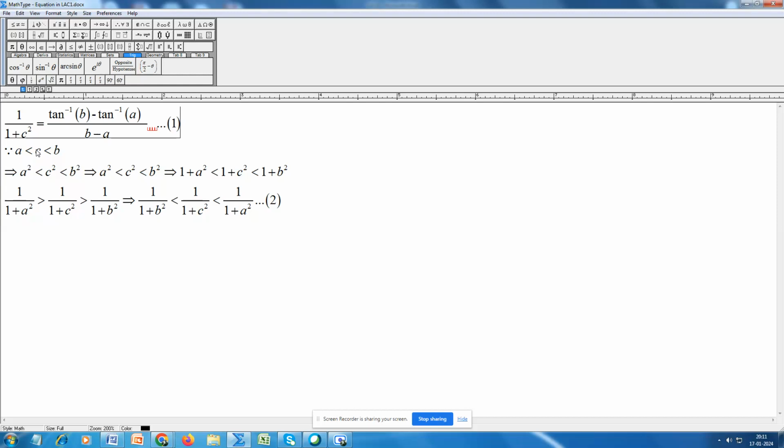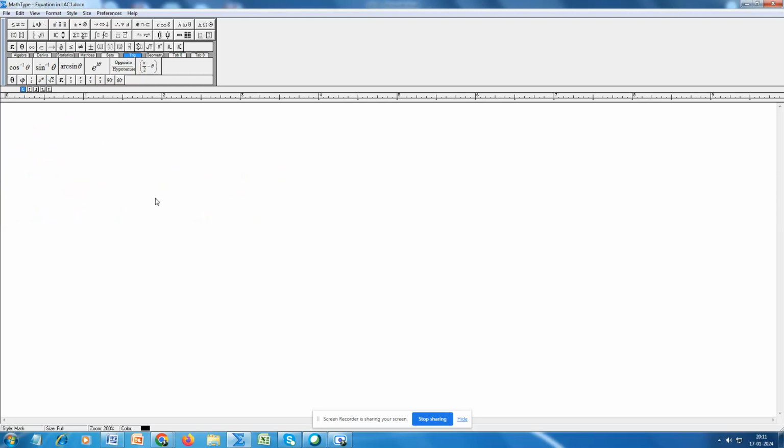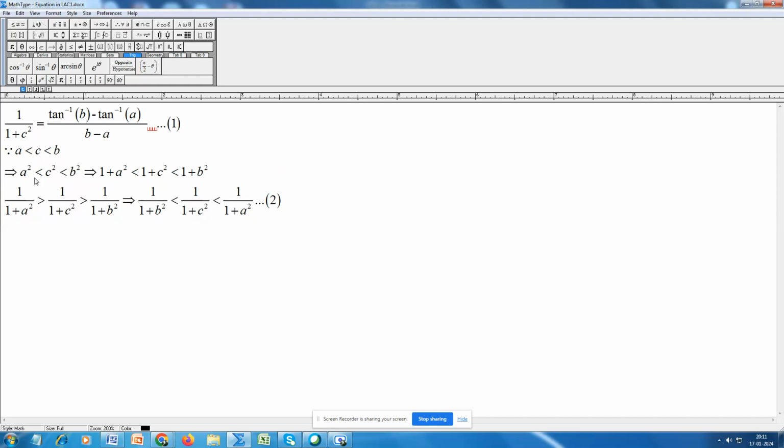Since c lies between a and b, squaring on both sides, a² < c² < b². That implies, adding 1 on both sides, 1 + a² < 1 + c² < 1 + b².